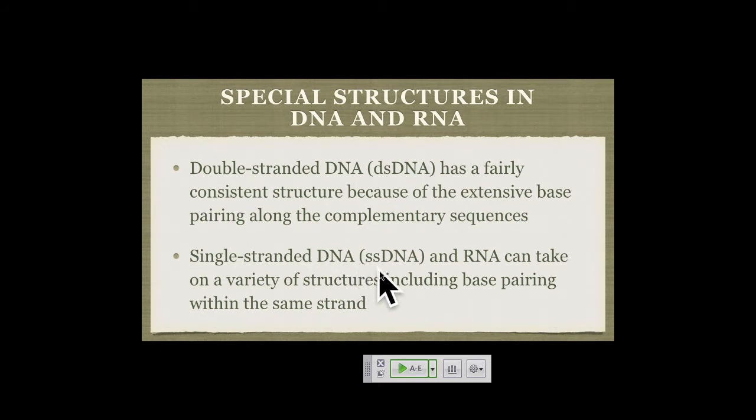So sometimes you'll see DS for double-stranded or SS for single-stranded DNA. And especially RNA, is RNA normally in a cell a double-stranded or single-stranded molecule? Well, it's normally single-stranded. But what we're learning is it takes on a rather elaborate three-dimensional structure that's all sequence dependent. And that's what we want to look at here. So what kind of structures can you get when you're looking at a single-stranded nucleic acid?